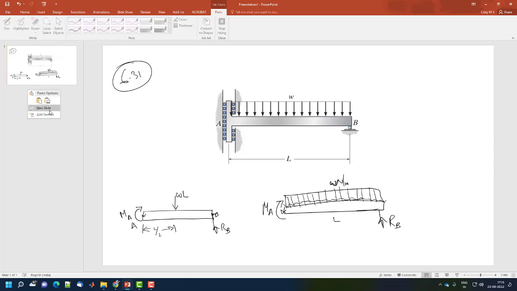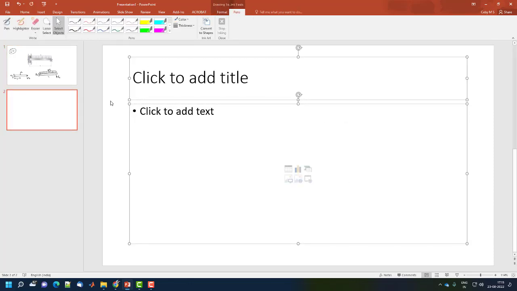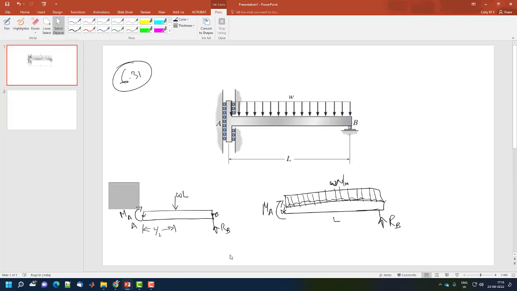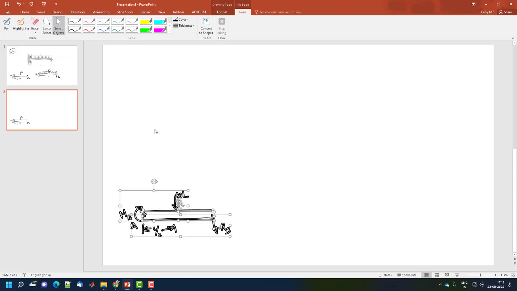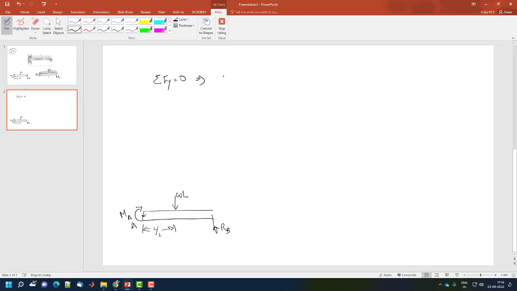That is clear. So let us use the free body diagram and the equilibrium equations. First, let's do the force equilibrium. Sigma Fy equal to 0, thereby we get RB is equal to WL. We got that unknown. What about sigma M about A? It has to be 0. We are considering counterclockwise to be positive.